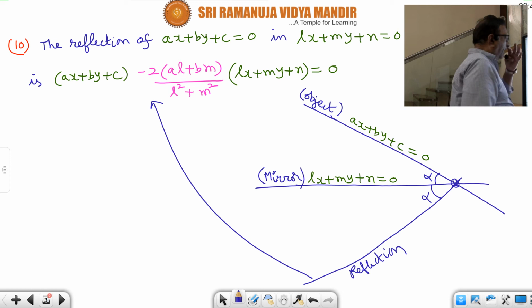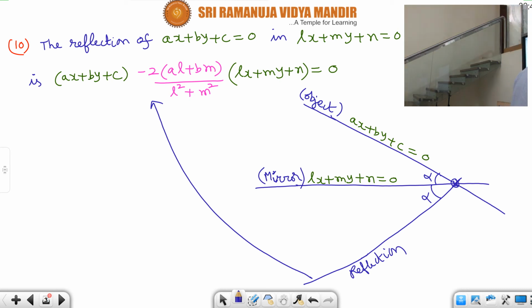The object line, mirror line. So for the object line and reflection line, the mirror line is what? Tell me. Between the object line and the reflection line, mirror line is what? Angular bisector.